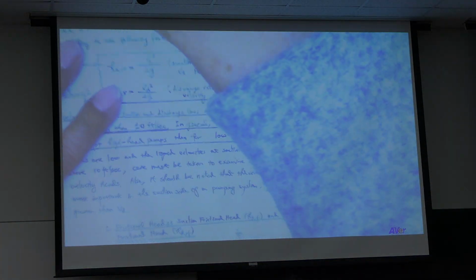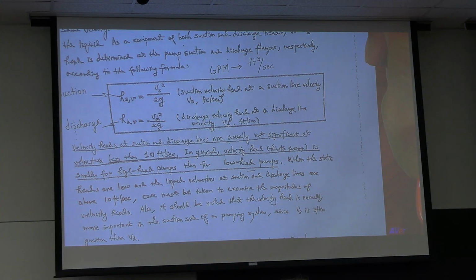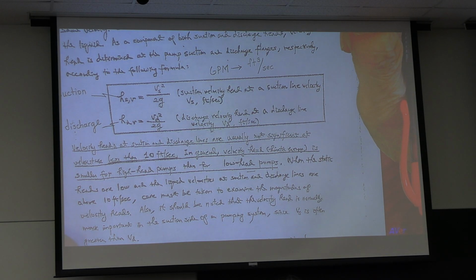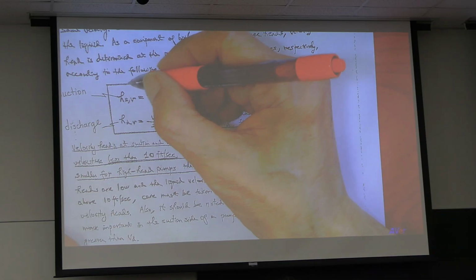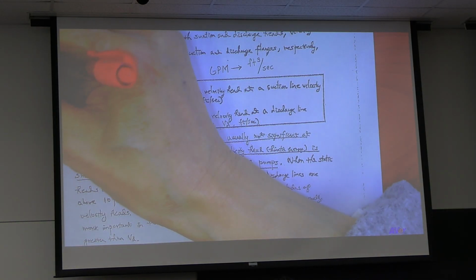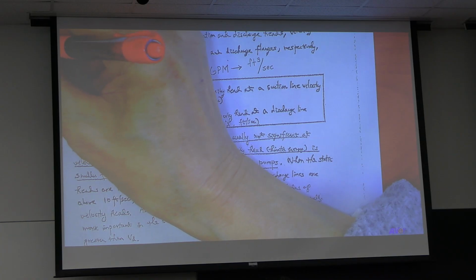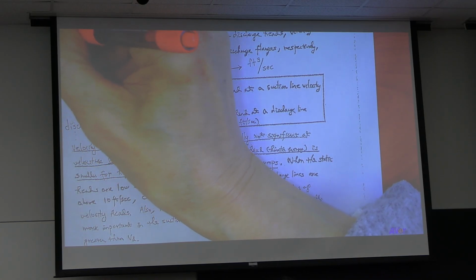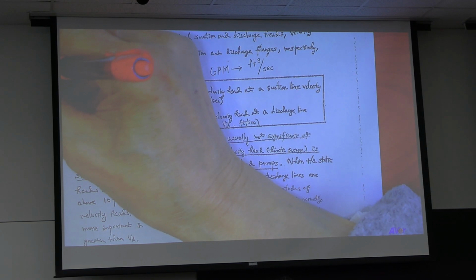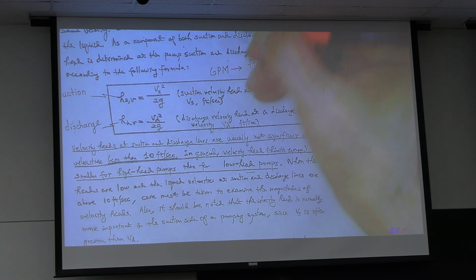So, now keep going. Page 314. Velocity head. You have a section, pi ID squared over four, that's area, right?